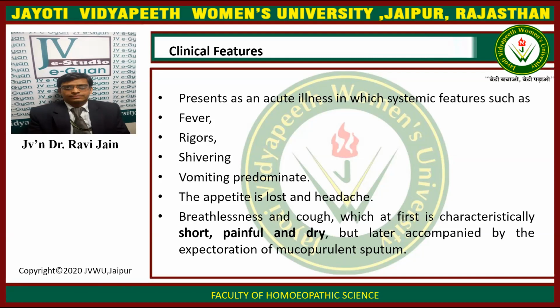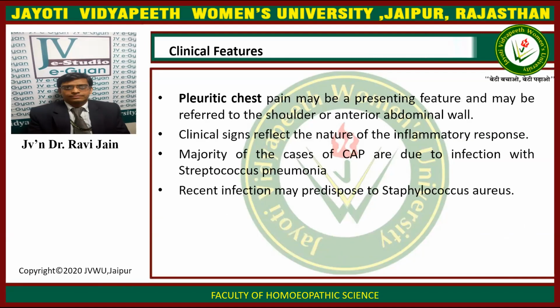There is breathlessness and cough, which at first is characteristically short, painful, and dry, but later accompanied by expectoration of mucopurulent sputum. Pleuritic chest pain can be a presenting feature and may be referred to the shoulder or anterior abdominal wall.